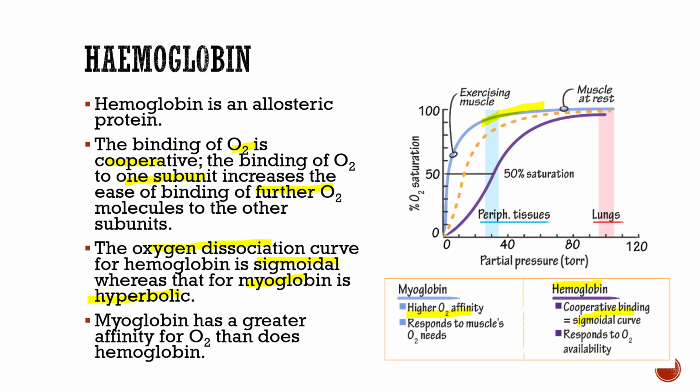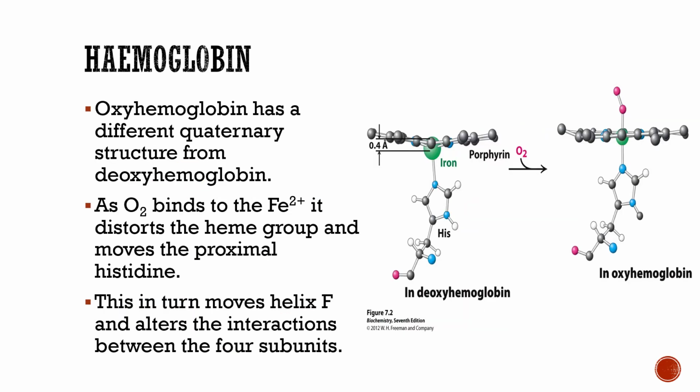Myoglobin responds to the muscles' oxygen needs, and hemoglobin responds to oxygen availability. So myoglobin has a greater affinity for oxygen than hemoglobin does.